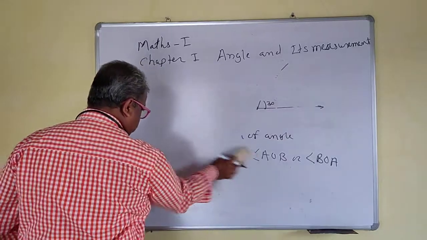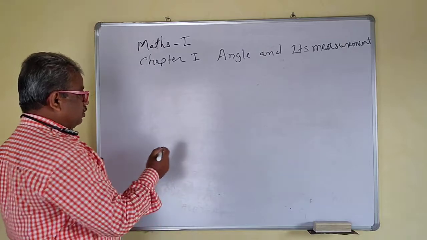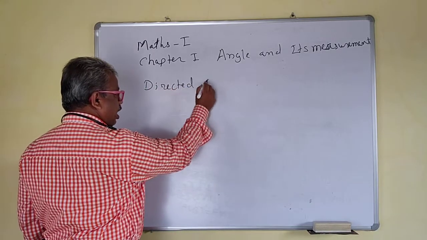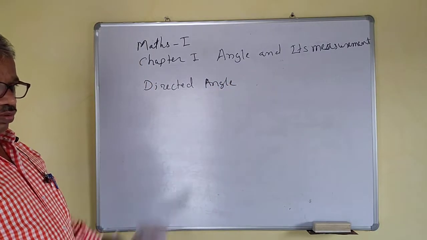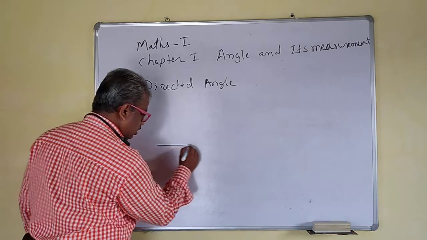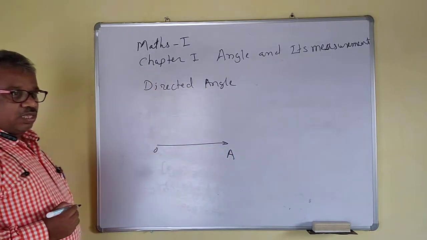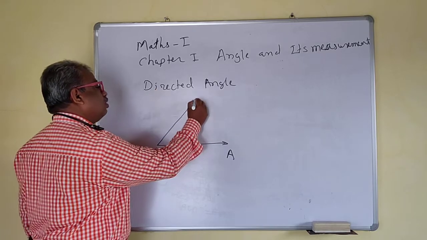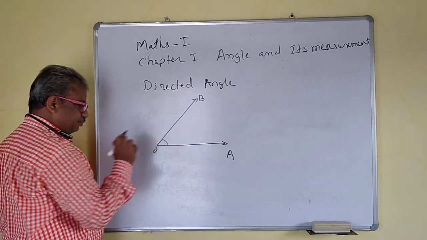Now, we are interested in the directed angles. What do you mean by directed angles? Suppose this is ray OA, and this is rotated for some amount. Suppose this is rotated up to this OB.